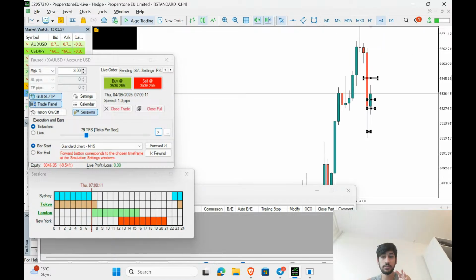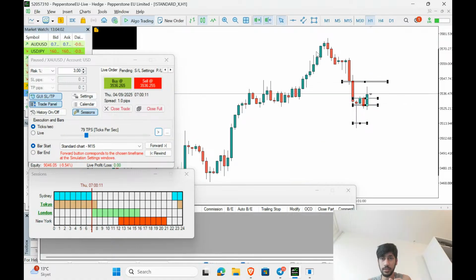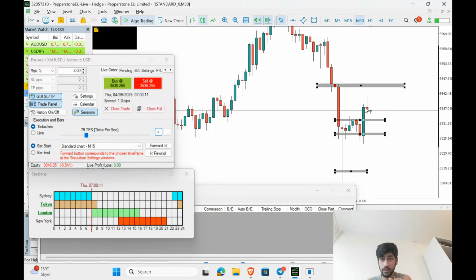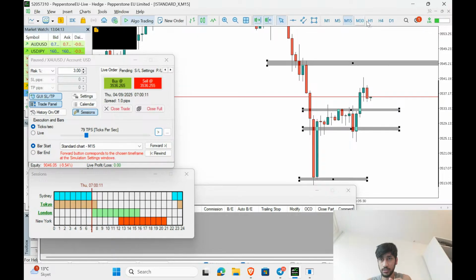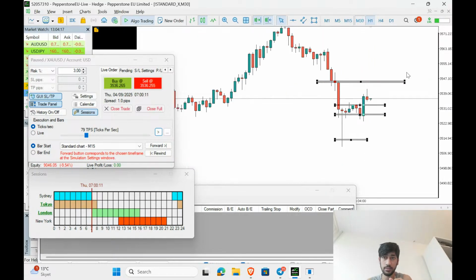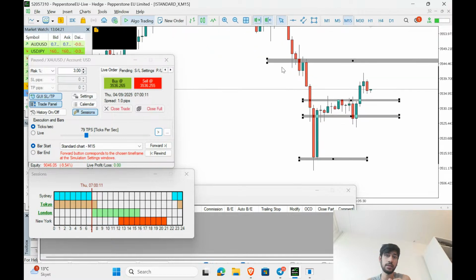So now it's conflicting, right? See, we are at support. H1 came down, formed support. This candle is bullish. M30 we are some sort of bearish, and we are consolidating. So overall analysis says that if we form support, then it's high probability we can move up because we just consolidated and broke above.